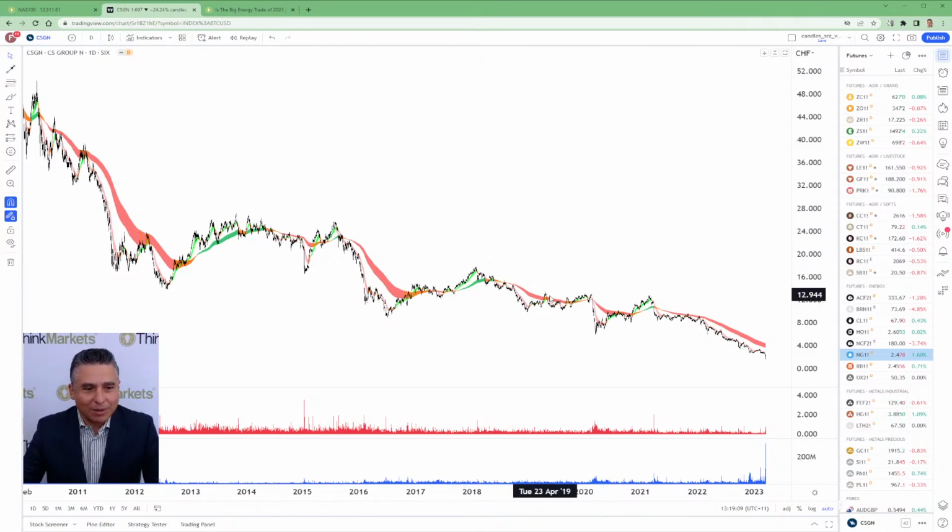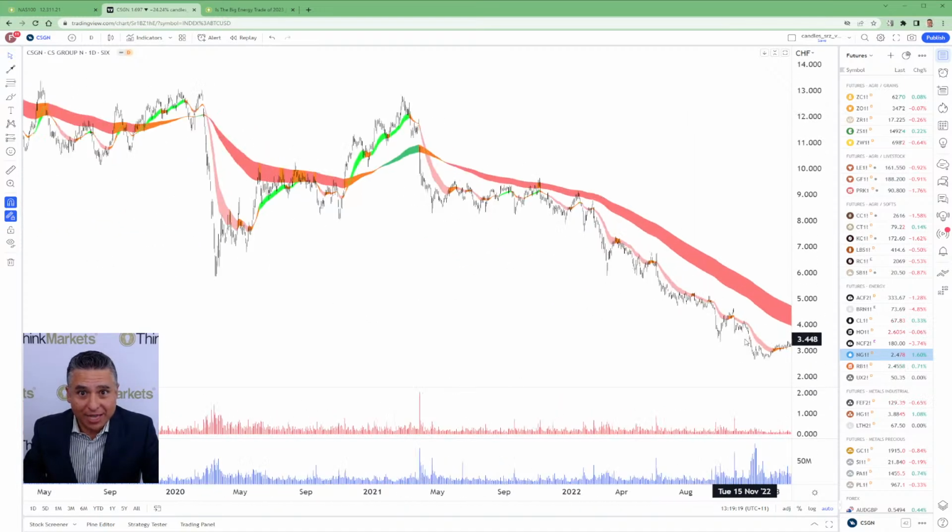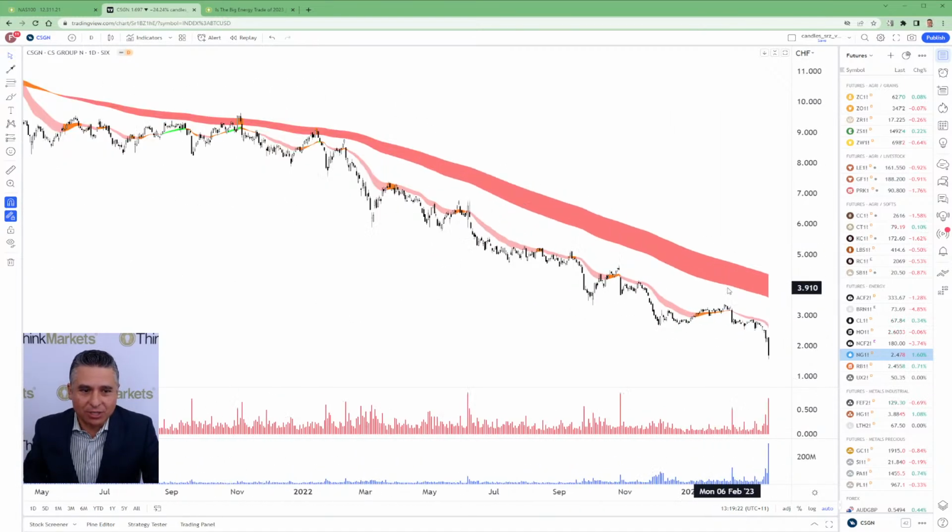Well, I put to you that Credit Suisse has been going under for about 13 years, and the entire financial system ex Credit Suisse knows that, and they've been adjusting their risk accordingly.